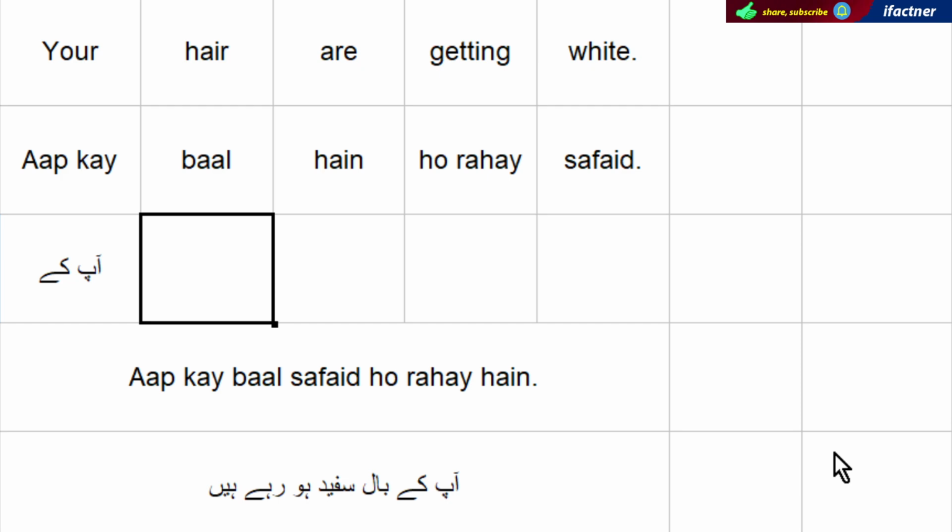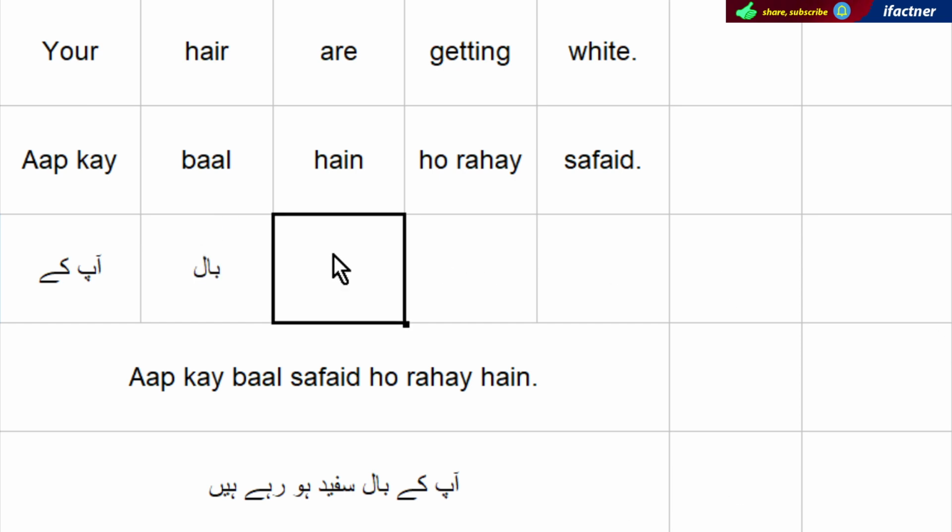Here are bal, and we write bal as be alif lam, bal. R is hai, which is typed as he, ye, nunna, hai. Ho rahe, we type ho as he, wow, ho, and rahe is re, he, badiye.